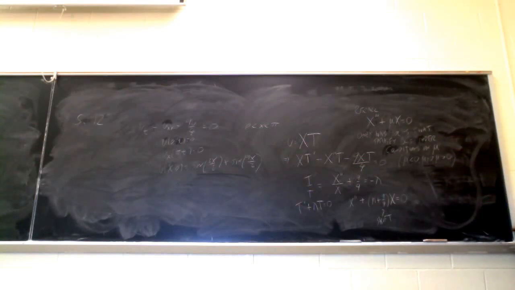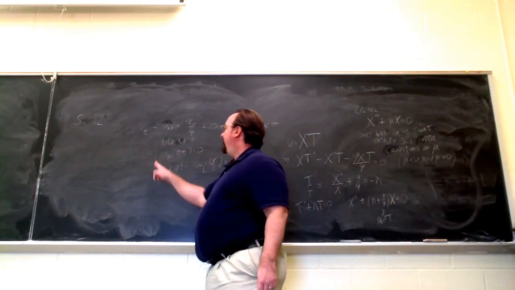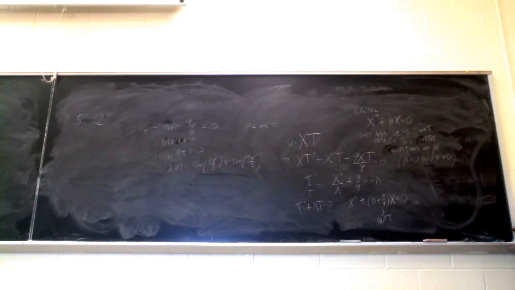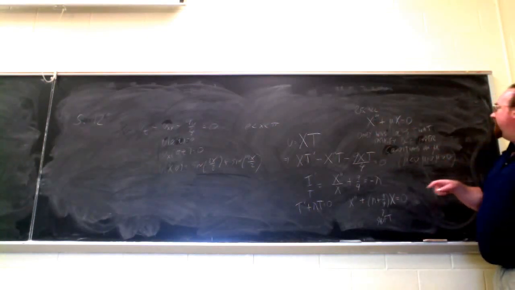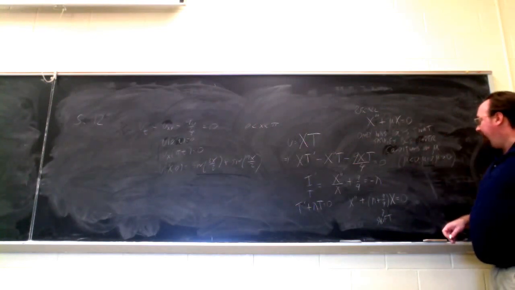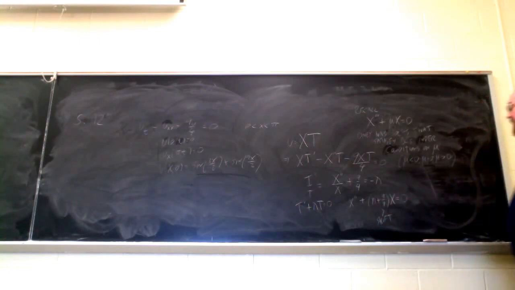Now, what about these boundary conditions? Which kind of solutions will satisfy them? Suppose you conclude based on these boundary conditions that mu has to be positive. That would mean that lambda has to be greater than minus 9/4, for instance.